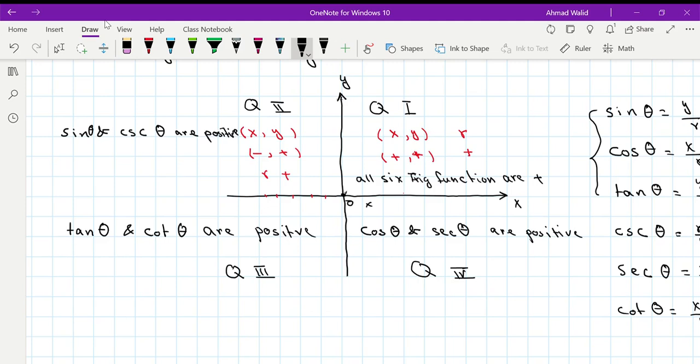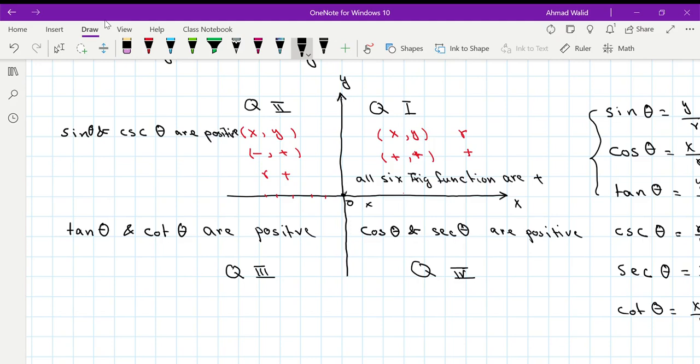That's the meaning of that table that you have in slide 6 of the presentation. You should know which quadrant your angle is in, and when you are talking about trig functions of that angle, you should focus on the sign also, right? You should focus on the sign also.